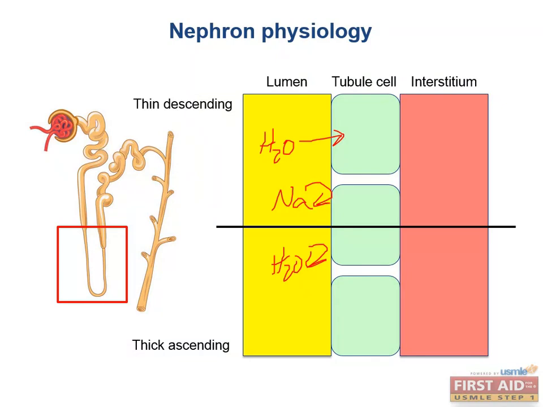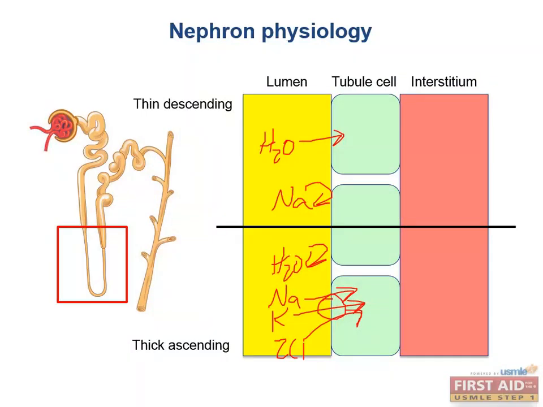Now, the way that the solutes are reabsorbed is with a very special co-transporter called the sodium potassium 2-chloride co-transporter. And it's named that because it actually reabsorbs 2 chlorides for every 1 sodium and 1 potassium ion.